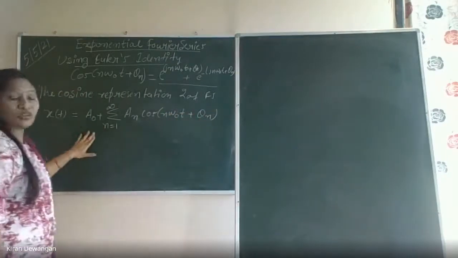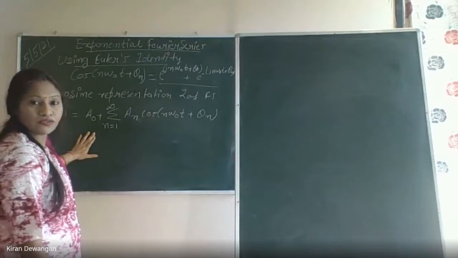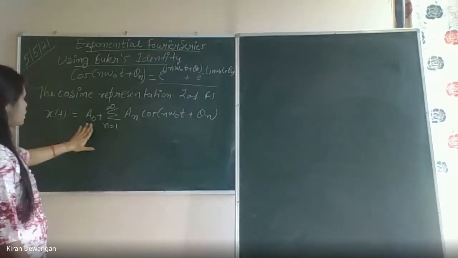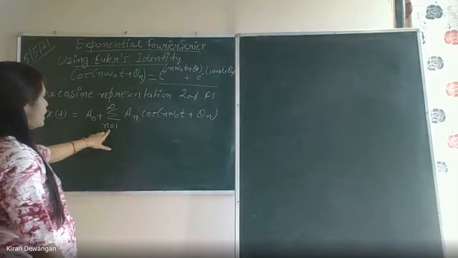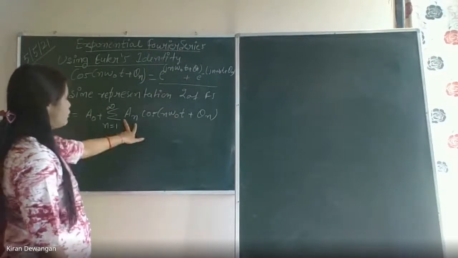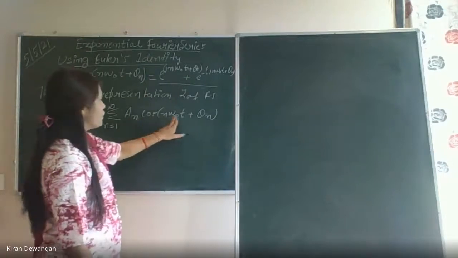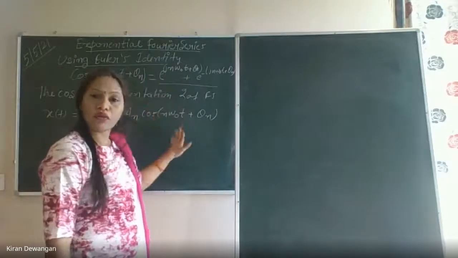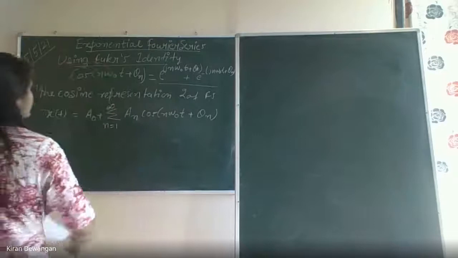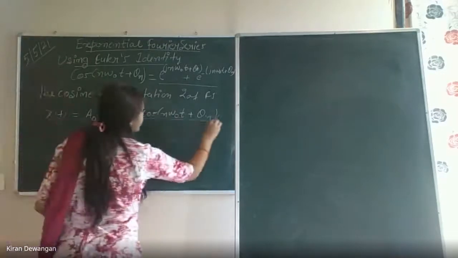Now this one is the cosine representation of the Fourier series. We have a constant a naught, and here it is n equals 1 to infinity. Then we have a coefficient capital A n, then cos of n omega naught t plus theta n that we have already derived. Now we'll introduce the Euler's identity here.